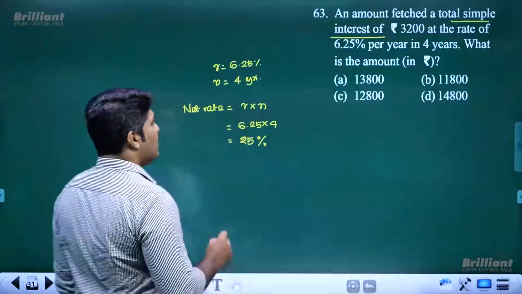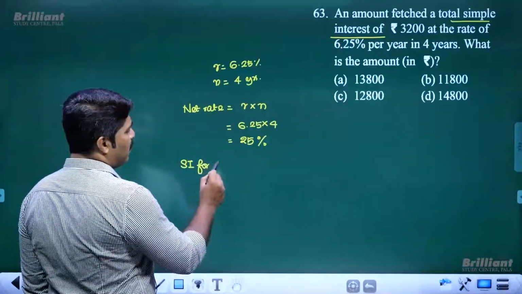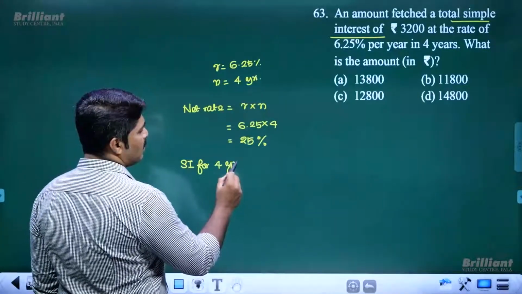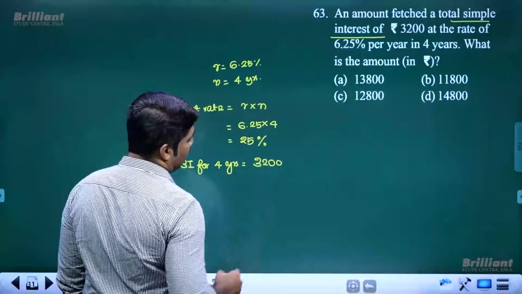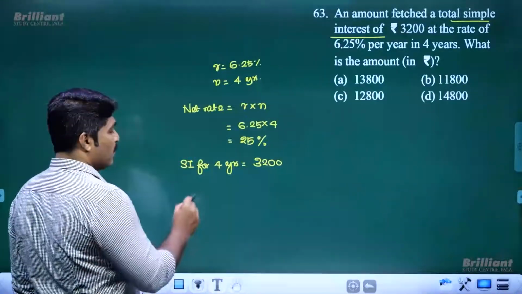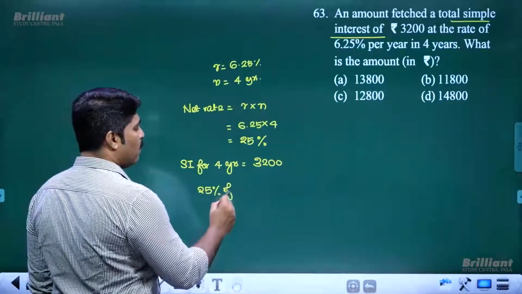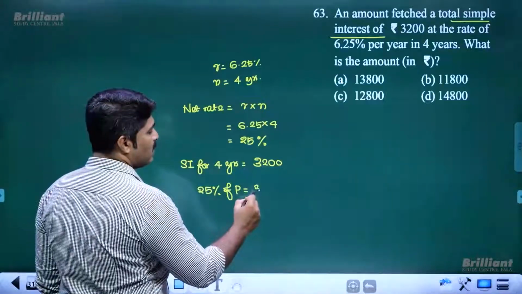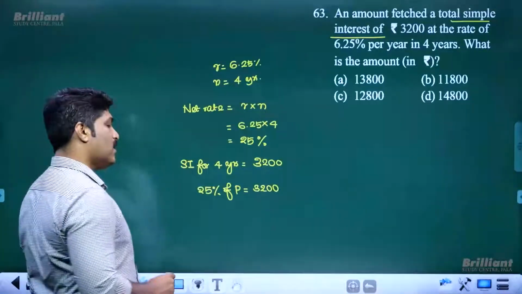What is given is the simple interest for 4 years. That means the total simple interest is equal to 3,200. How can we connect these two values here? This 25% of the principal is equal to 3,200. 25% of the principal is 3,200.